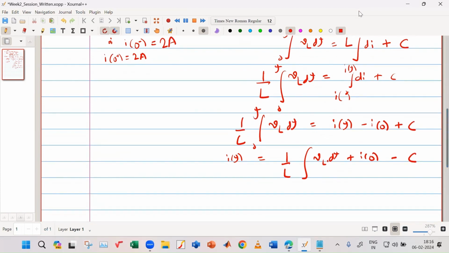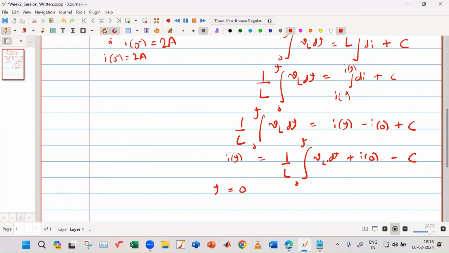Okay, this is from 0 to t. Now what you do is you substitute t equal to 0.